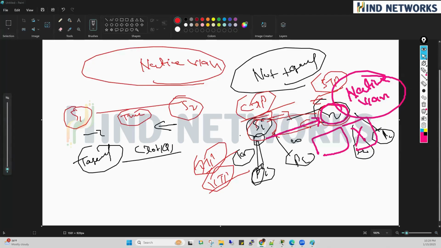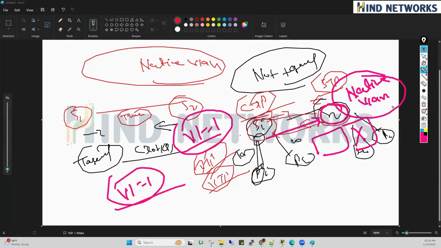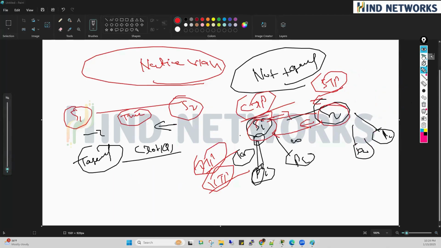Getting my point, everyone? And I told you in yesterday's class, by default, all the ports on the switch are part of VLAN number 1. So by default, VLAN number 1 is the native VLAN on the switch. Clear, guys?